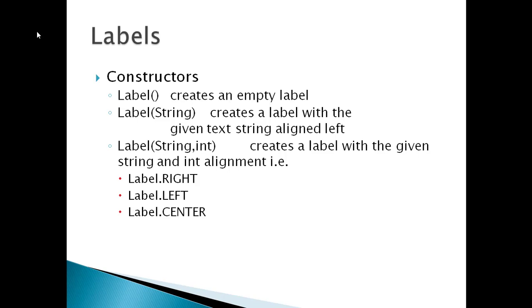The third constructor is Label(String, int), which creates a label with the given string and int alignment, that is Label.RIGHT, Label.LEFT, Label.CENTER. Like these, three alignments are there.